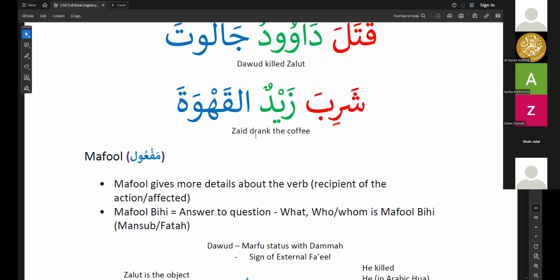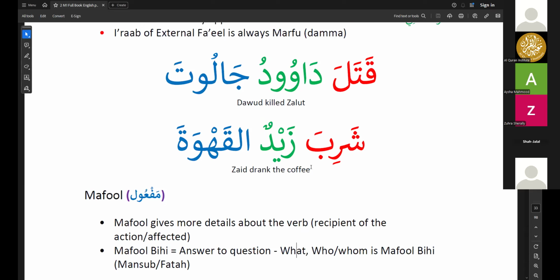So in this sentence, Shariba Zaidun kahwata, Shariba is the fi'l, Zaidun is the fa'il, and kahwa is the maf'ul. We can see Shariba, the first and last letters, and the middle letter can have dhamma, fatha, kasra, but it has kasra, so it is a fi'l.